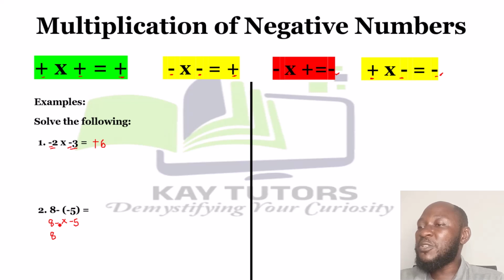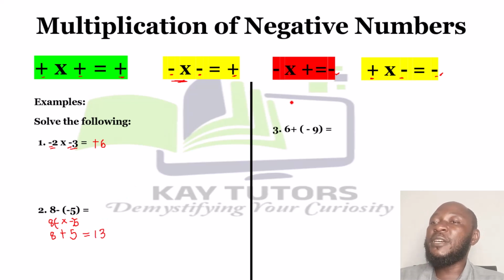Minus times minus is plus. So I can just write my plus here and my 5 here. You see, I've taken care of this, and this automatically changes to addition. So 8 plus 5, what will I get here? This is 13.